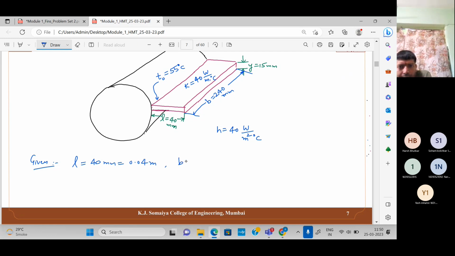The length of this longitudinal fin, the dimension which is parallel to the surface of this motor body, will be denoted by B. This is 240 mm, so it is equal to 0.24 meters. Now the thickness is 15 mm, so it is equal to 0.015 meters.